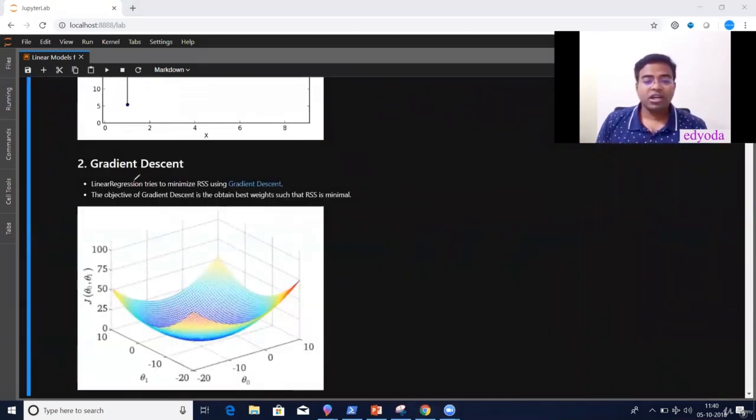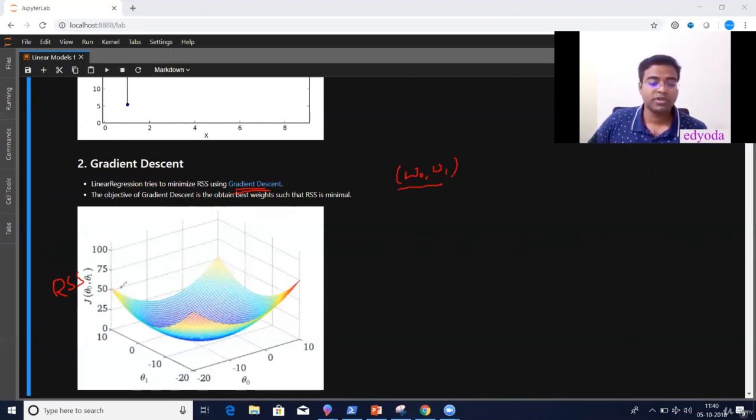Okay, let's start with gradient descent. Linear regression uses gradient descent to minimize RSS. It actually finds the best weights. So this is the cost, or your RSS. Here in the diagram we see theta 0, theta 1; you can assume these to be W0, W1.